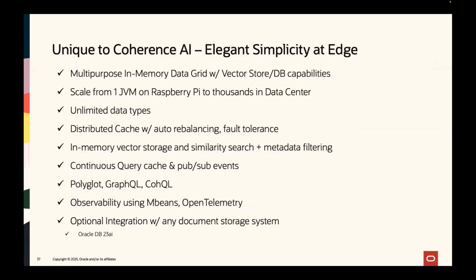From a Coherence AI perspective, it is an in-memory data grid with added vector store capabilities. What that means is you could scale, whether it be from 1 JVM on a Raspberry Pi to thousands in a data center. There are unlimited data types. Usually a lot of vector stores are native and have very limited data types that you can use.